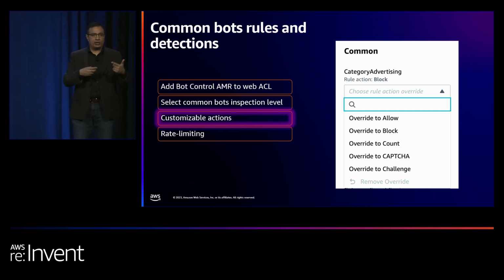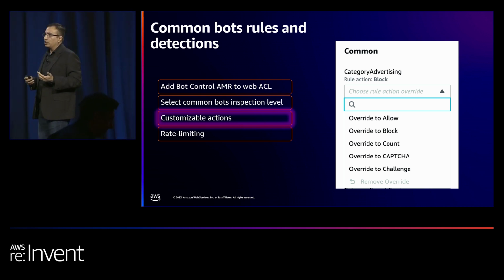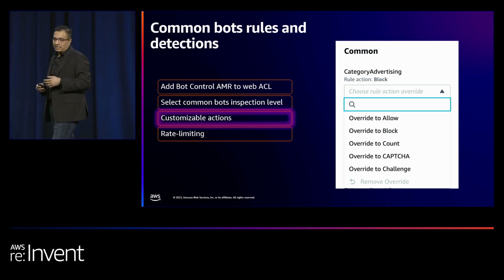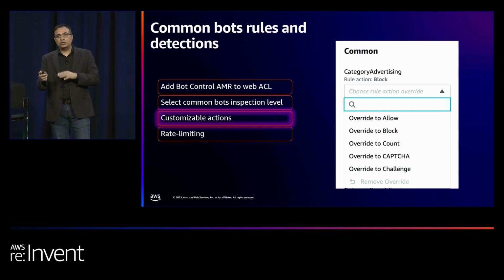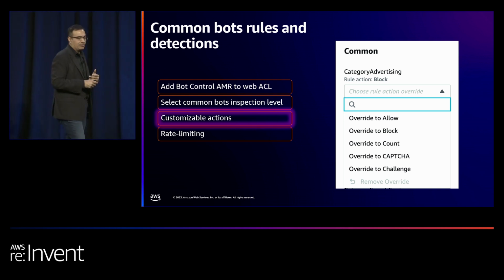You're not sure what kind of traffic we are getting, what traffic we want to allow, what traffic we want to rate limit. So our recommendation is to always set, when you are trying out bot control as a fresh start, you want to set the rule action to count. This will give you the counts of each category of bots and also will give you the labels using which you can start fine-tuning that.